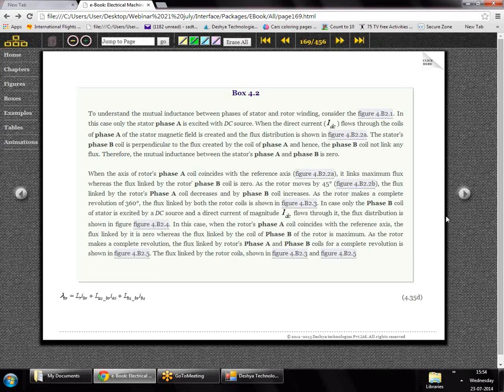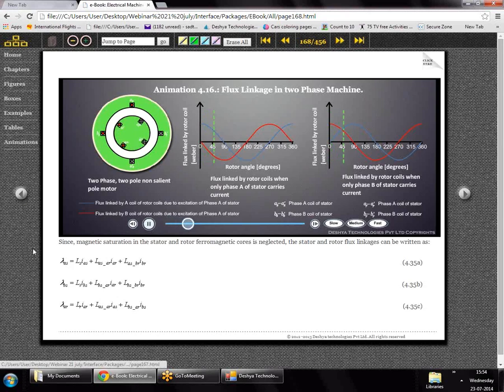However, in this case, to find out the torque and eventually the equivalent circuit, it's important to find out the flux linkage. Since there are 4 coils here, there would be 4 flux linkages. So let's see the flux linkage due to the phase A of the stator, which is given by expression 4.35A.